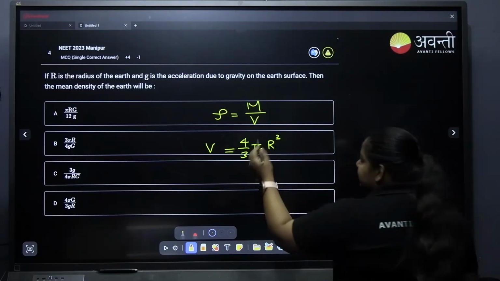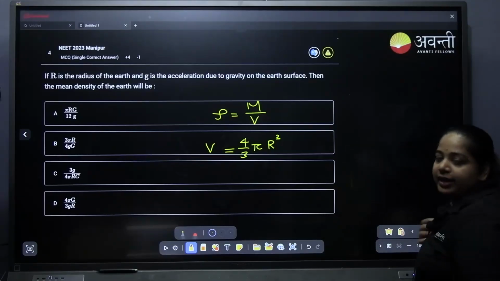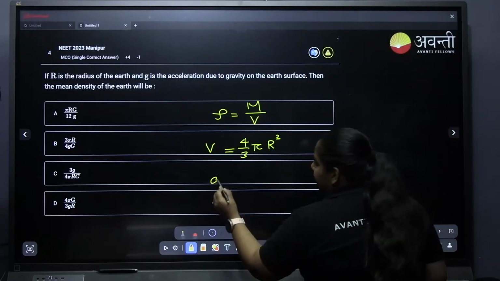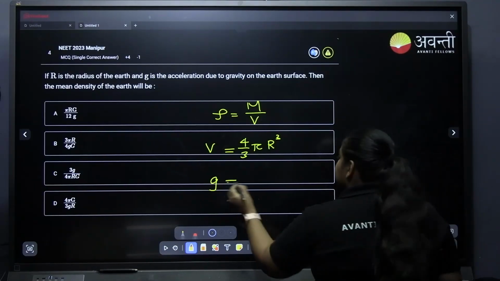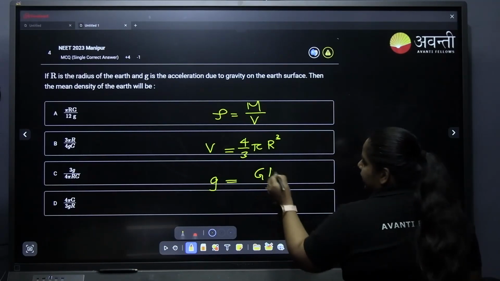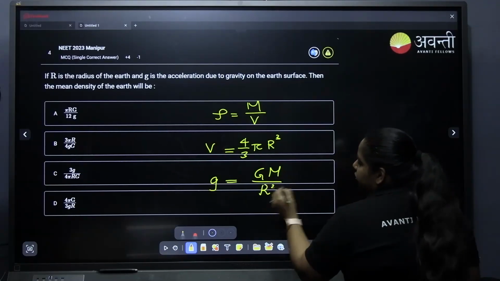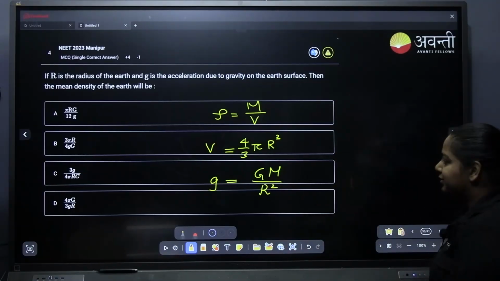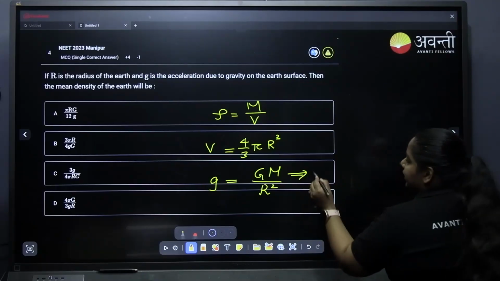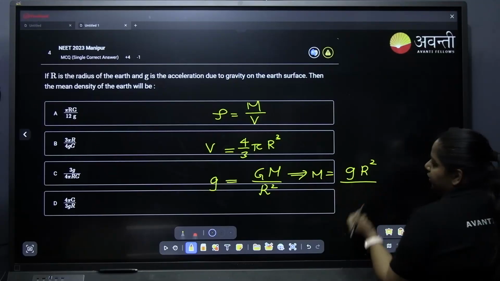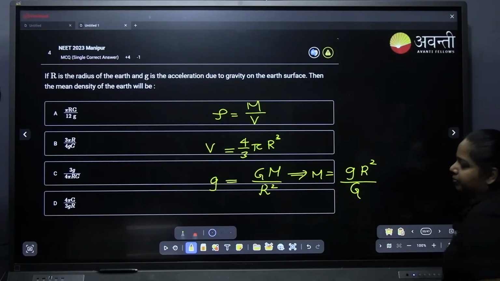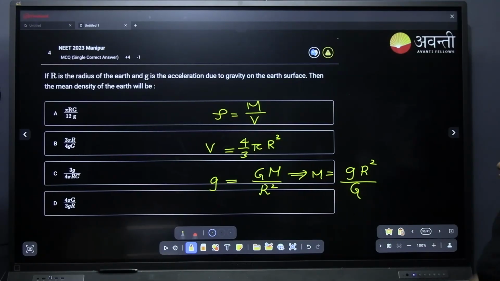And mass, how we can get? We know that acceleration due to gravity is the other thing which is given. g is equal to GM by R square. Okay, from this we will get that mass is equal to g R square divided by capital G. Okay, so mass by volume we have to find.